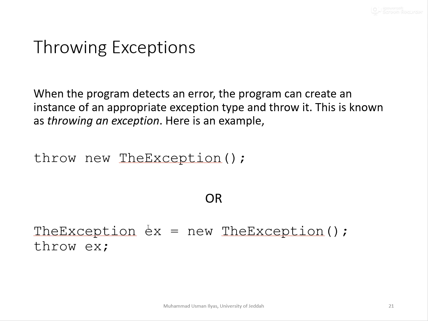You can declare and create the exception object in one line and throw it in the next. This has a disadvantage that you have to think of an object name, whereas in the first case you don't have to name the object, which makes for easier reading.